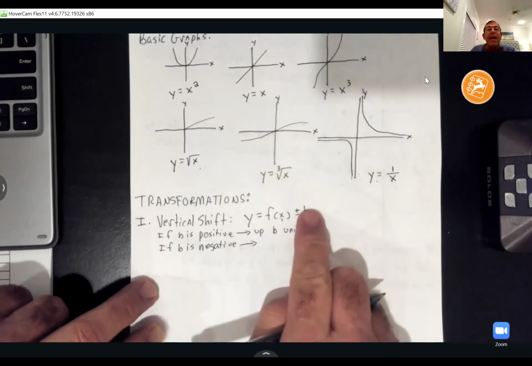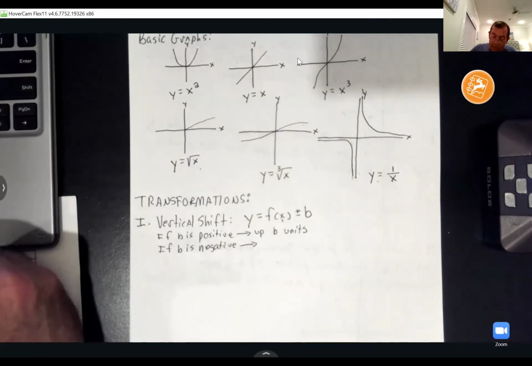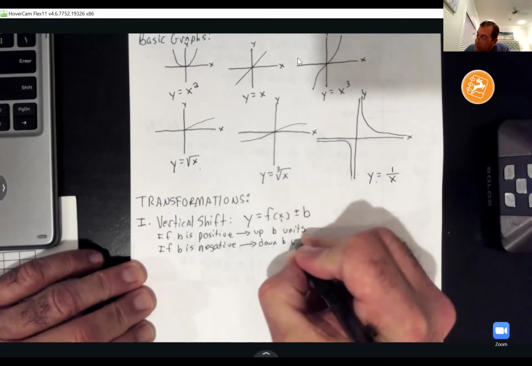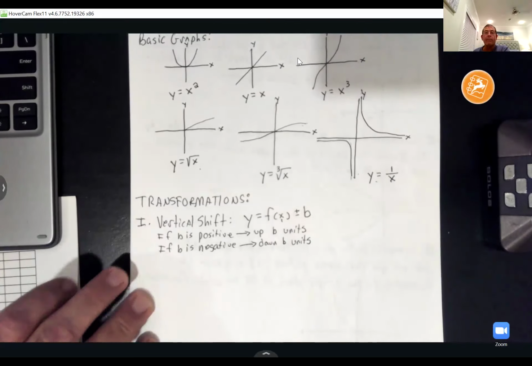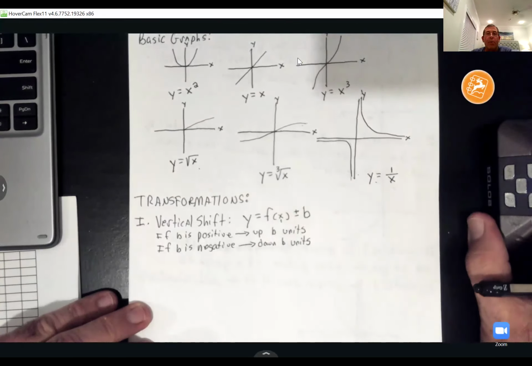If b is negative, guess what? That graph is going to go down b units.